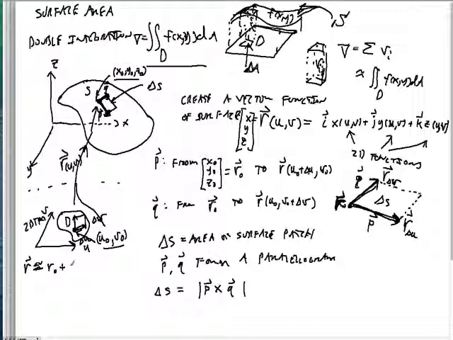So I'm going to say that this is going to be i partial x with respect to u plus j, the vector j, partial y, partial u, plus k.